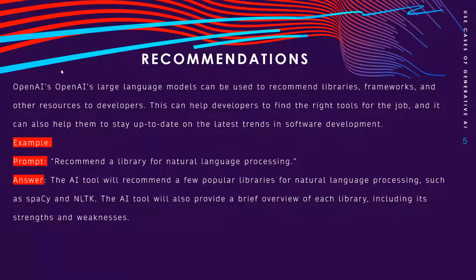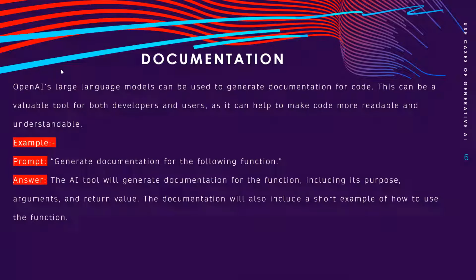Let's move to the next use case, that is documentation. Suppose I need to generate documentation for a function that I have already written. I just need to prompt this to OpenAI: generate documentation for the following function. The AI tool will generate the documentation for the function, including its purpose, arguments, and the return value.